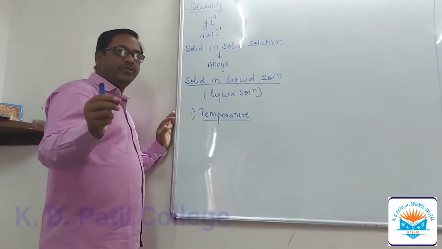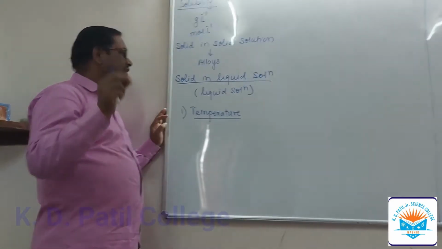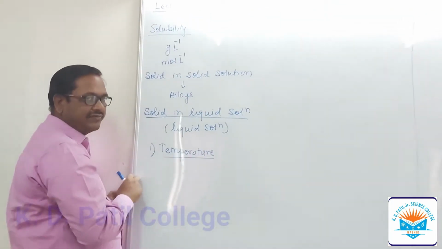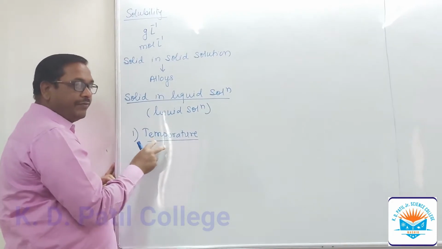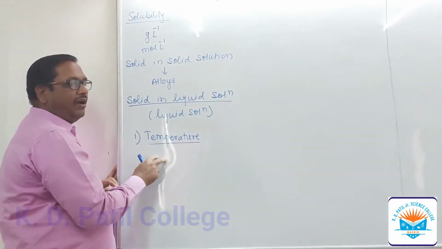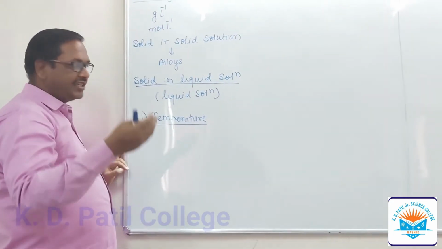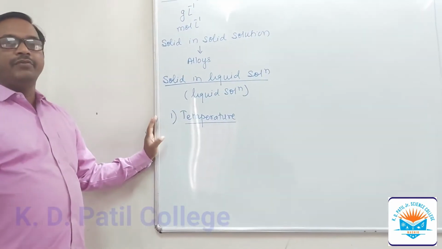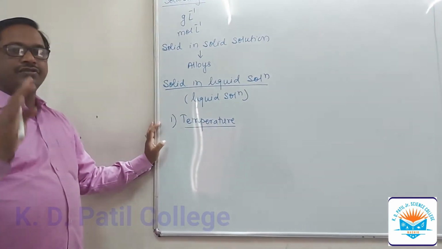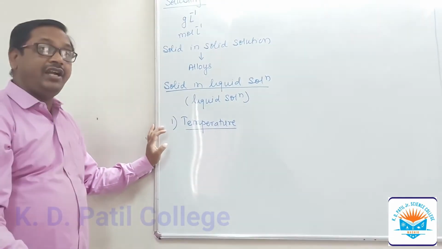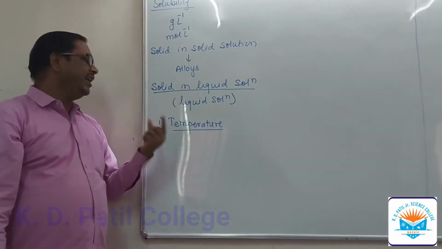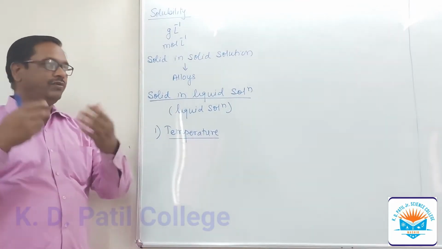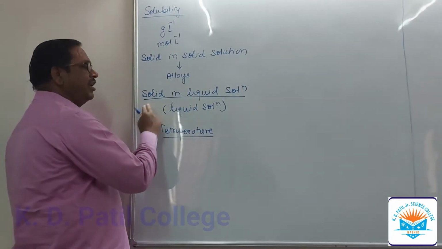When we dissolve a solid in liquid and increase the temperature, solubility goes on increasing, meaning the given solute dissolves very rapidly with increasing temperature, which increases the solubility of the solid in liquid.